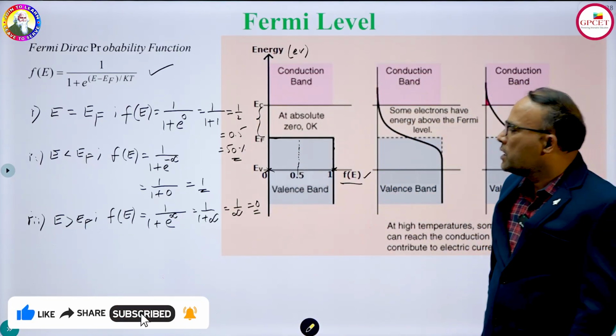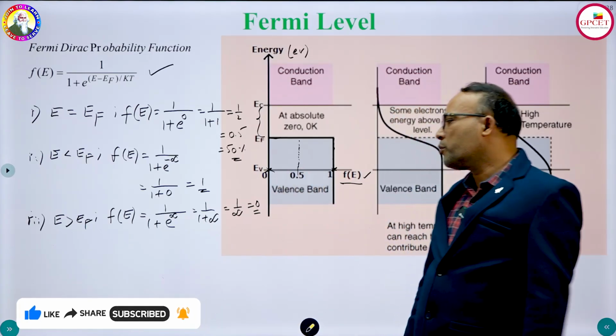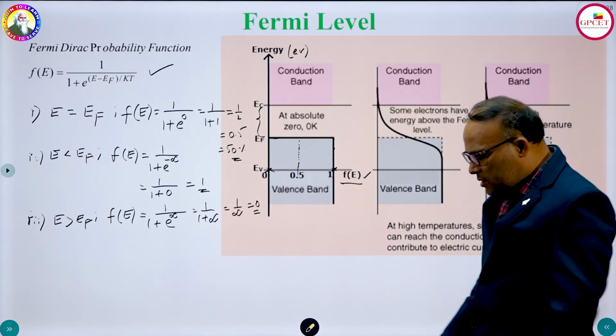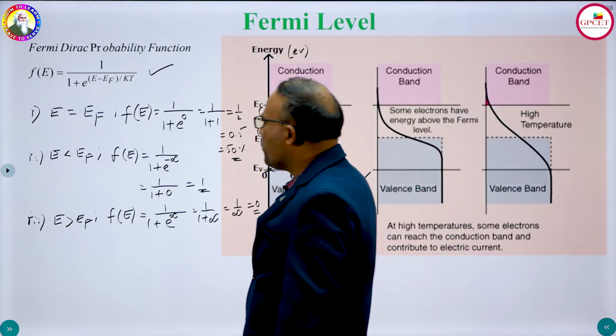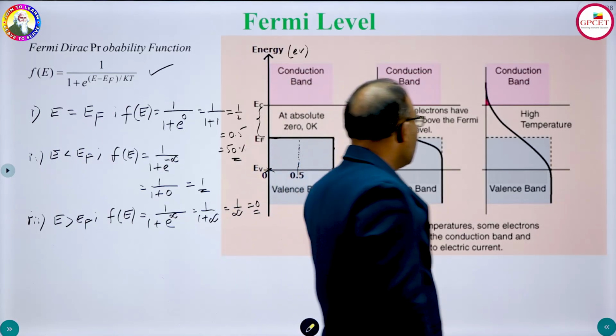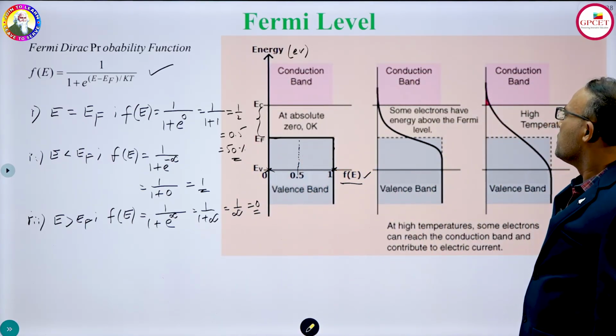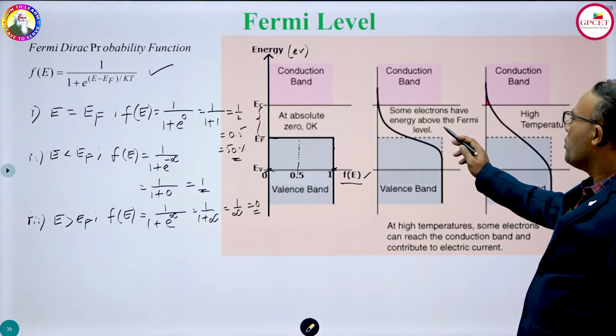So, therefore, the probability of occupying is 0. This is the main important concept in the Fermi-Dirac probability distribution function. As you can see, even as temperature rises, some electrons have energy above the Fermi level.